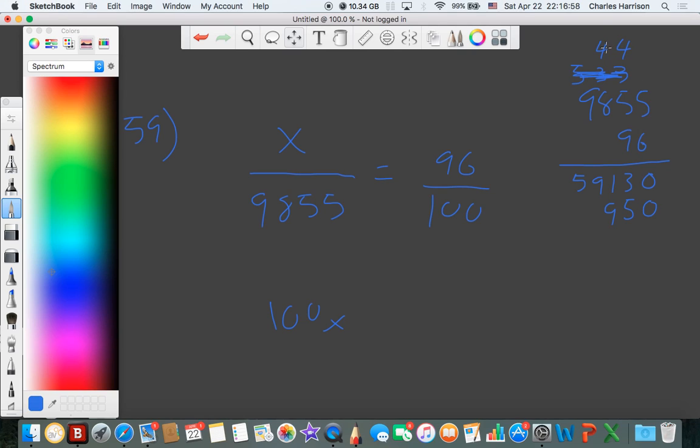Yeah, 45 plus 4 is 49. Carry the 4 again. This times this is 72 plus 4 is 76. Carry the 7. This times this is 81. 81 plus 7 is 88. Goodness gracious.